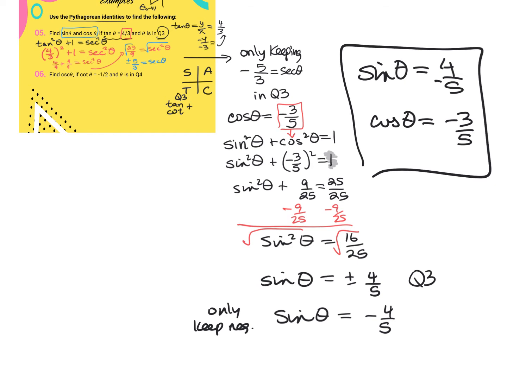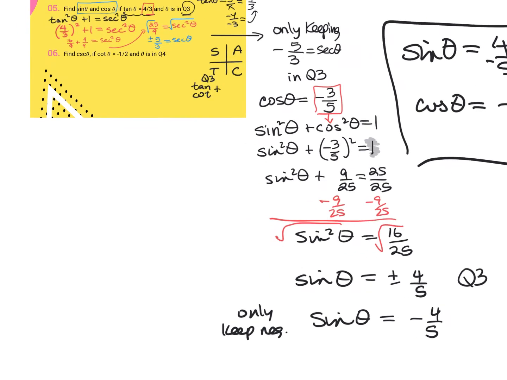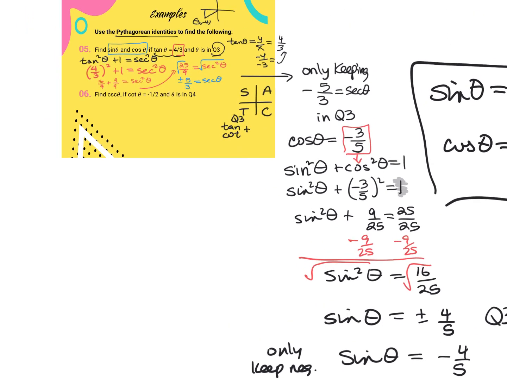This time they want me to find cosecant. They're giving me cotangent. I have an identity on the previous slide that tells me that 1 plus cotangent squared of theta is equal to cosecant squared theta.